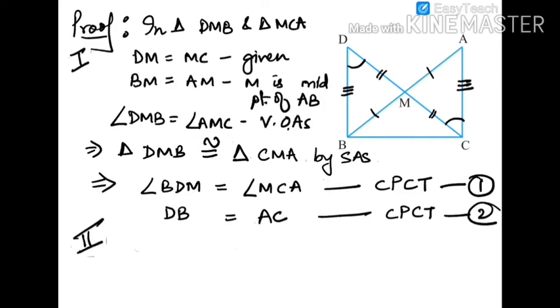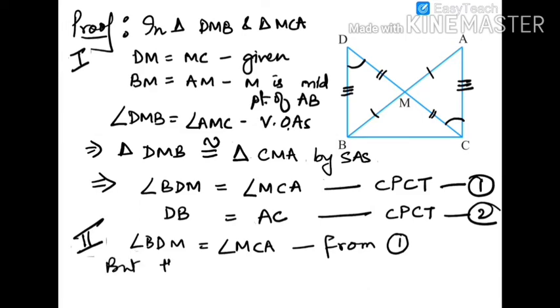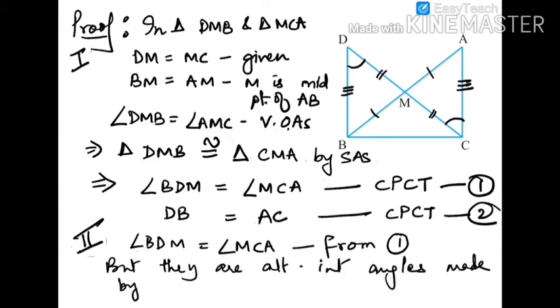This is the first part. Let's prove the second part now. Angle BDM equal to angle MCA from 1, but they are alternate interior angles made by lines DB and AC cut by transversal DC.